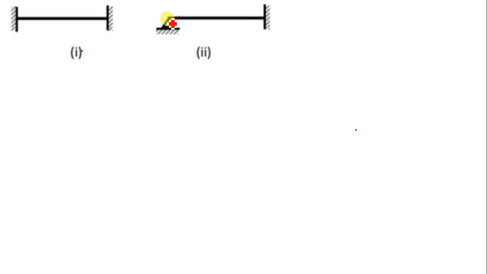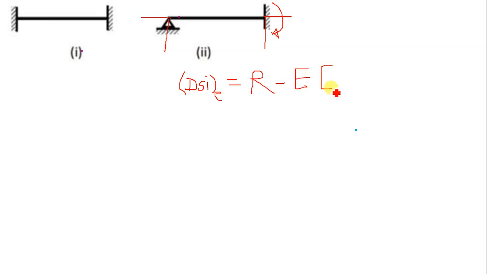Here also, first unknown, second unknown, third, fourth, fifth. Let us ignore summation Fx is equal to 0. Degree of static indeterminacy external is equal to R minus available equilibrium equations.